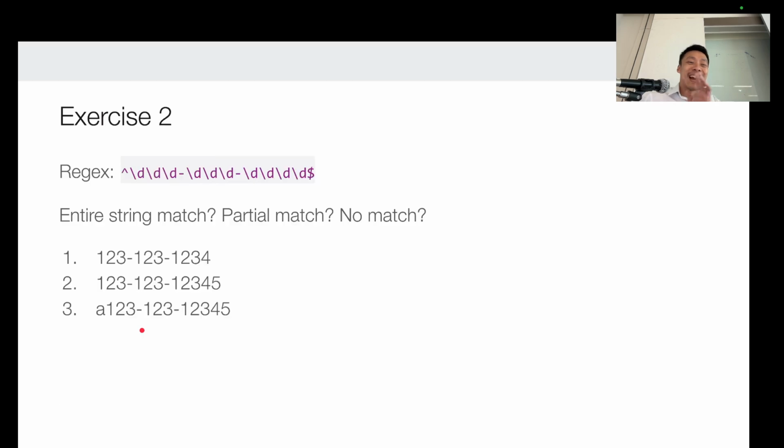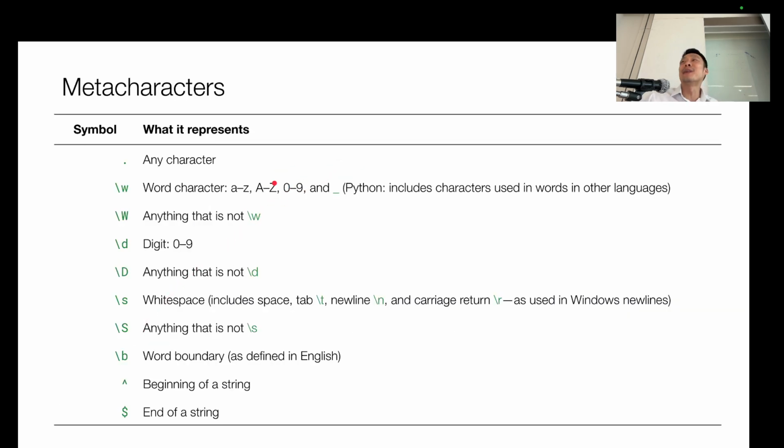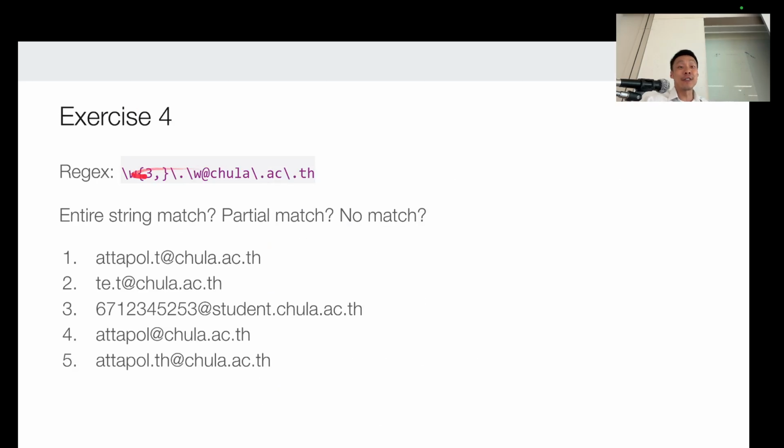Sorry, I don't even remember. It will match numbers as well. So the first part is fine. No, not fine. There's no dot. So it's already not a match. Okay. The fourth one. What do you think? No match because we don't have this part, right? Where there's a dot and a character. That's in the word. What about the fifth one?